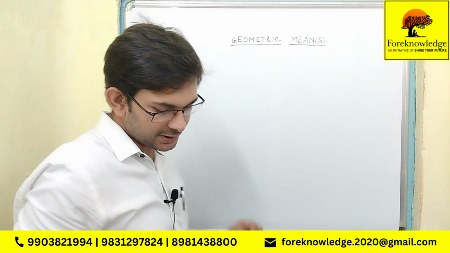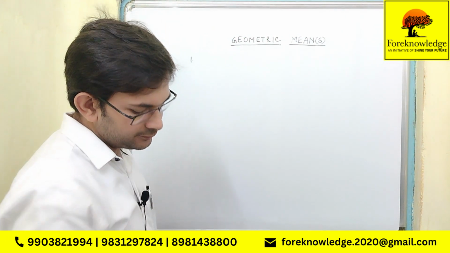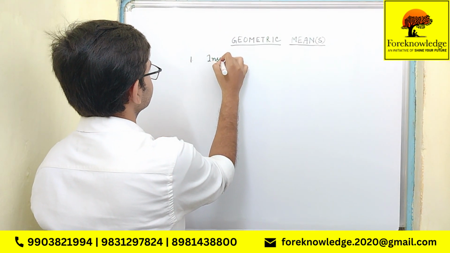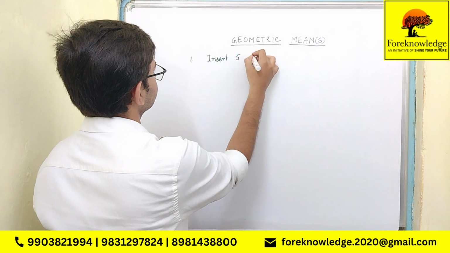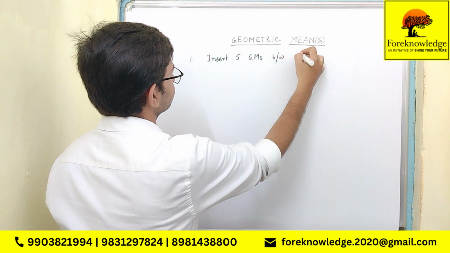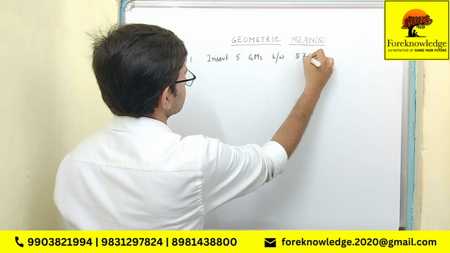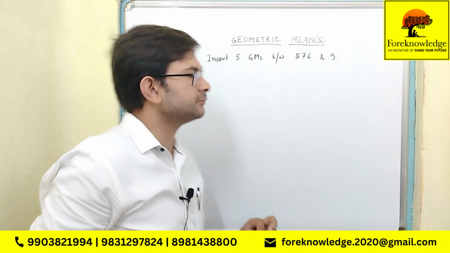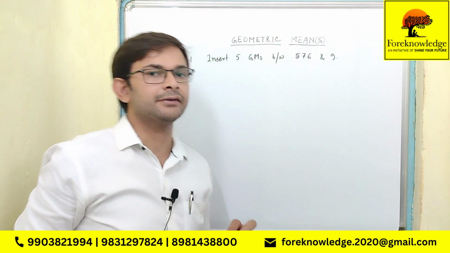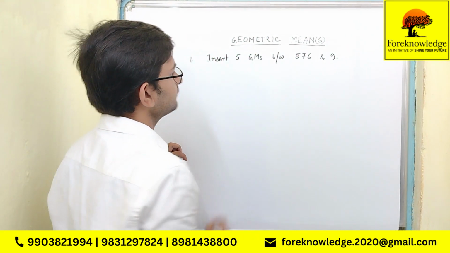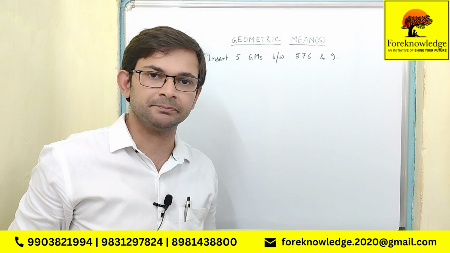The question says, insert 5 geometric means between 576 and 9. So 5 geometric means means the total number of terms in the GP is 7.